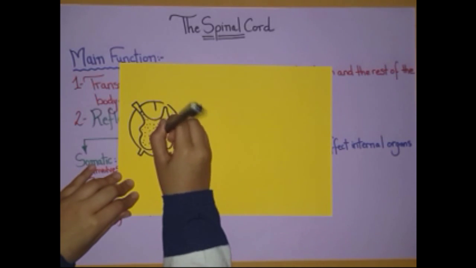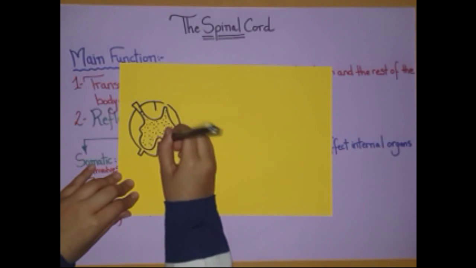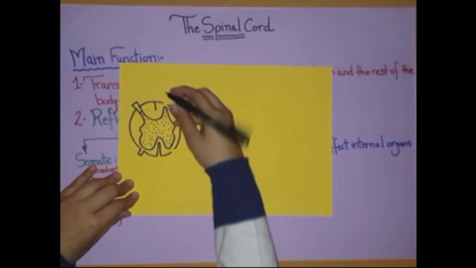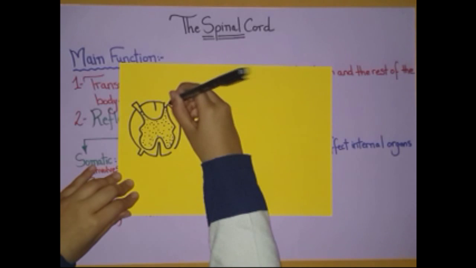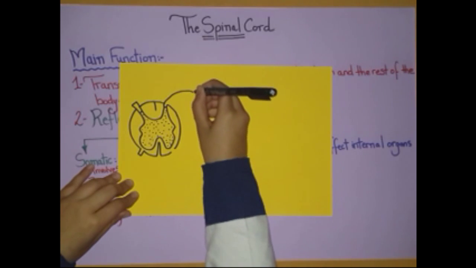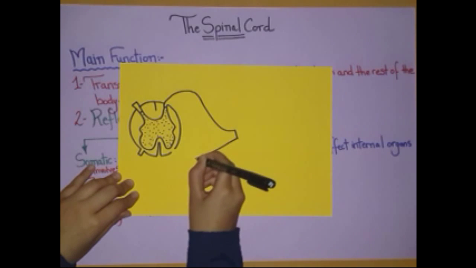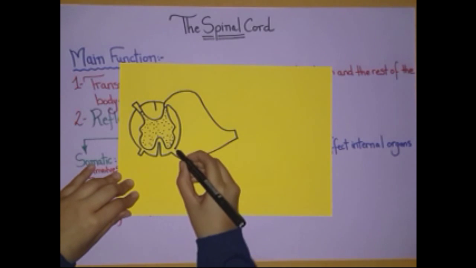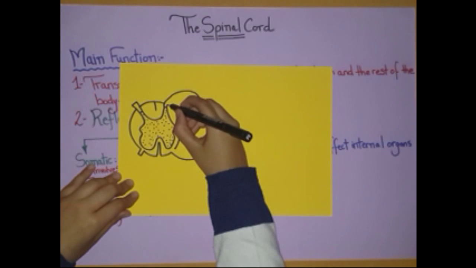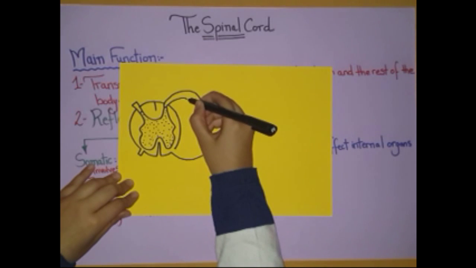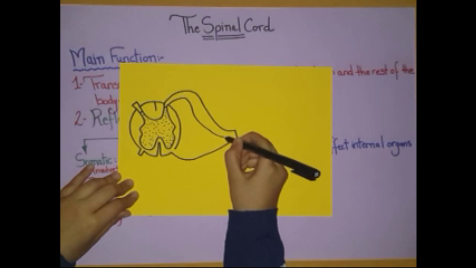A reflex arc involves a stimulus, which is, for example, the hot object in the example that we have mentioned. Second, the reflex arc involves sensors. We need sensors that sense this stimulus, the hot object.